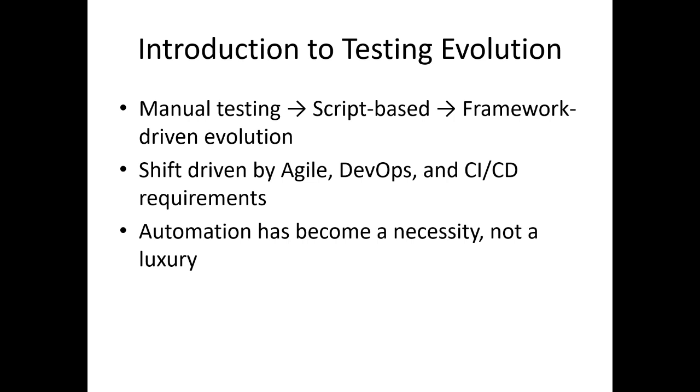For example, if developers are developing the OTP functionality, for the same OTP functionality a tester needs to create or write the automation script. And then that particular script needs to be pushed to the framework or pushed to the repository.